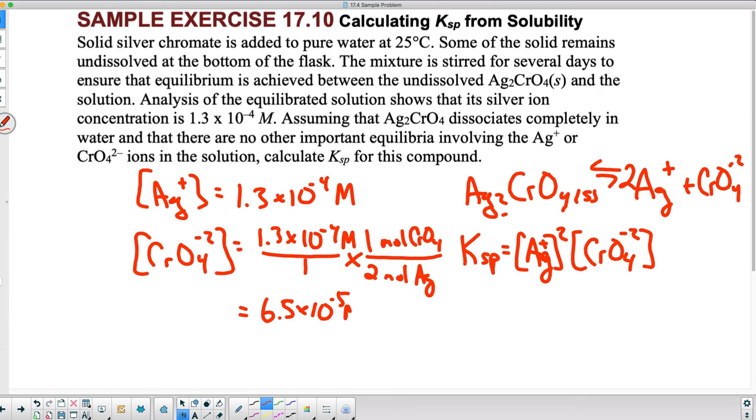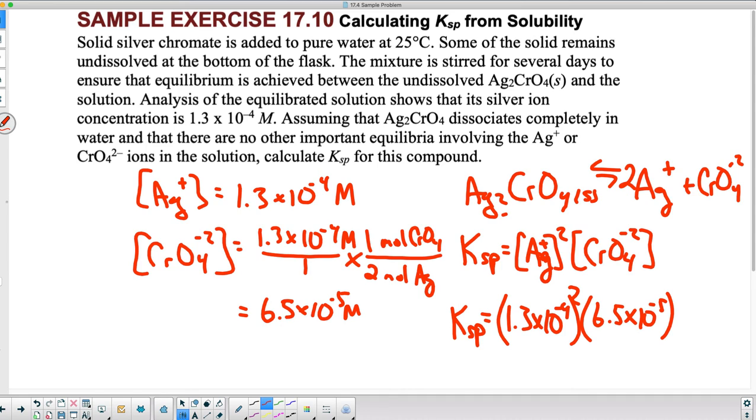And then all we do to find the KSP is put in the 1.3 times 10 to the negative 4th, square that, and then multiply that by the 6.5 times 10 to the negative 5th, and that stays to the first power.